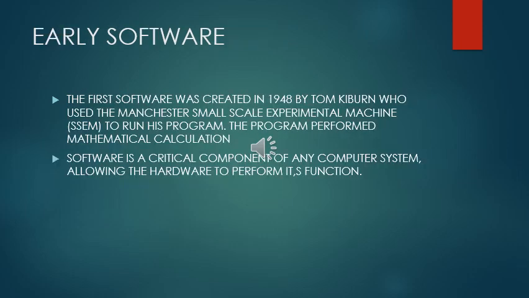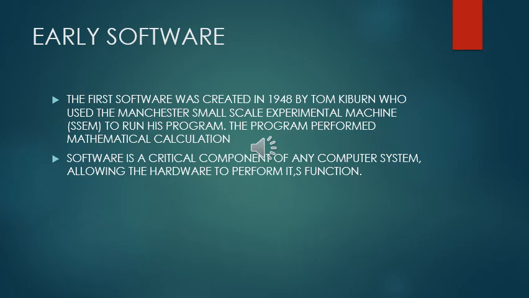So we are moving to the third slide, which is known as the earlier software. The first software was created in 1948 by Tom Kilburn, who used the Manchester Small-Scale Experimental Machine (SSEM) to run his program. The program performed a mathematical calculation.